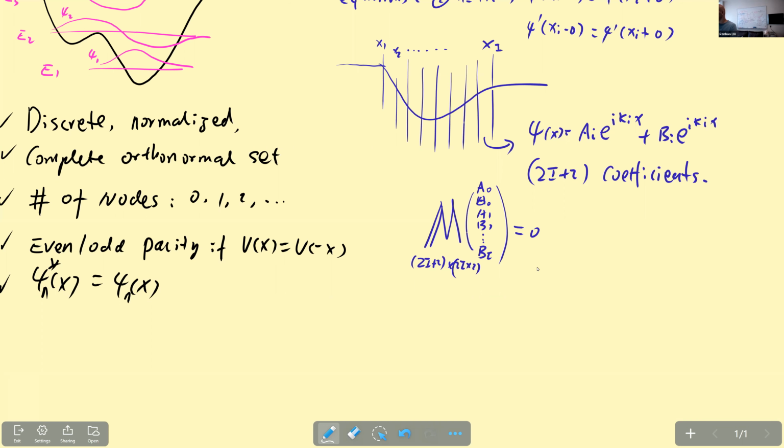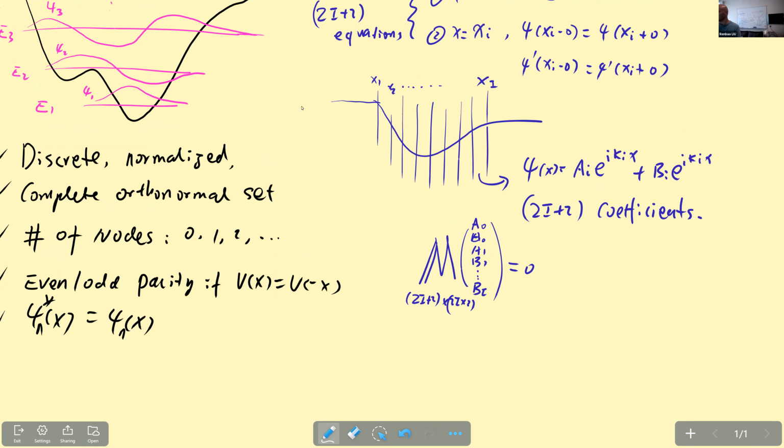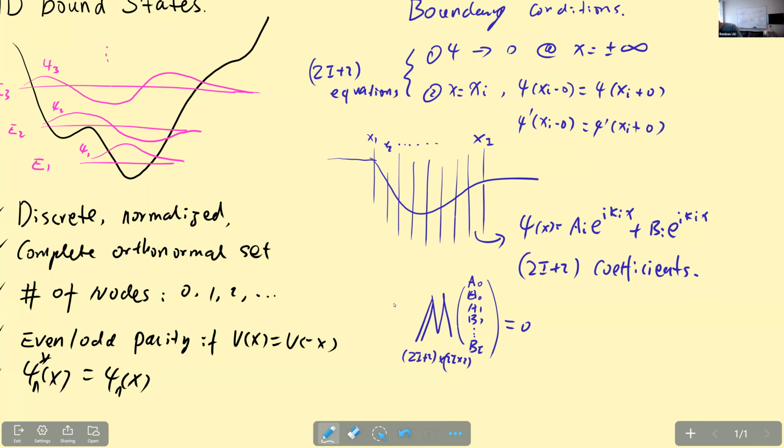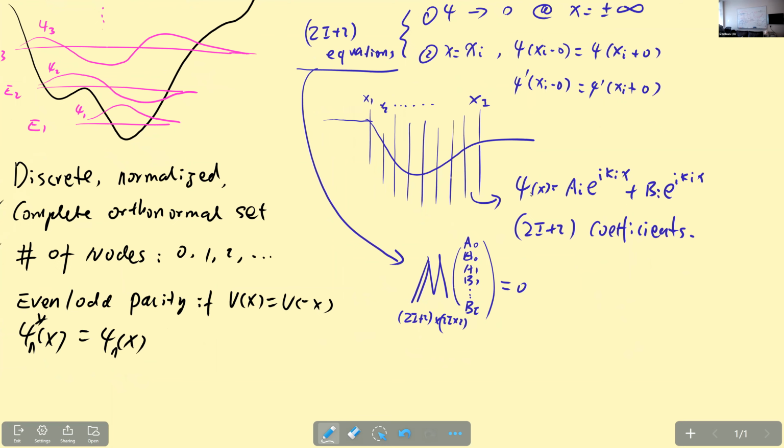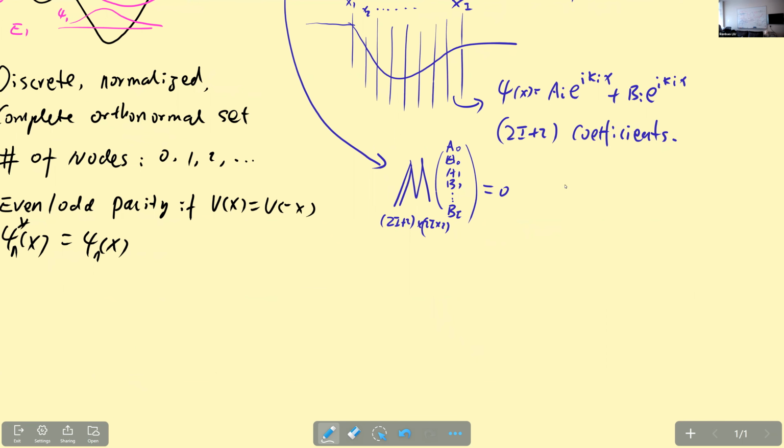So these equations can be written like this. The only way that you have a non-zero psi will lead to the conclusion that this matrix must be singular. That means its determinant must be 0. So this gives us discrete solutions of E_m, right?